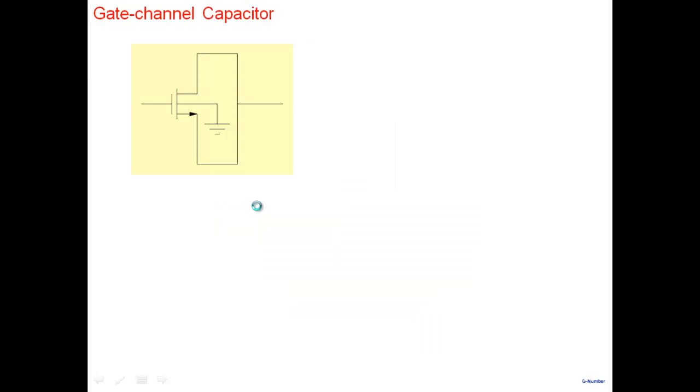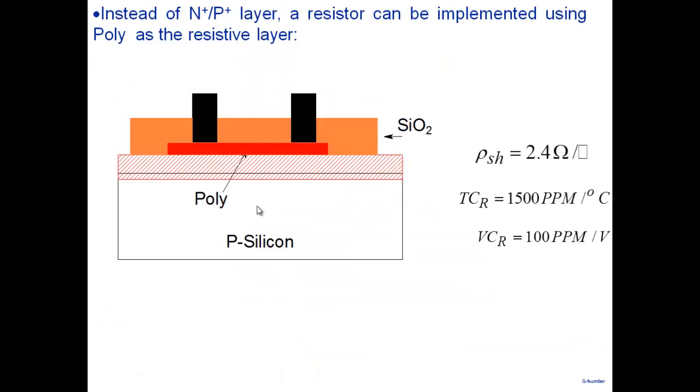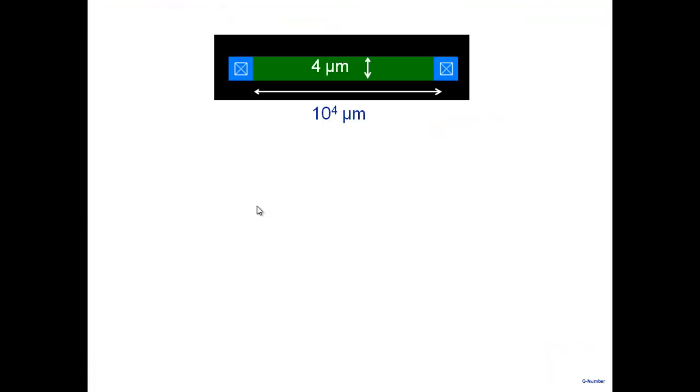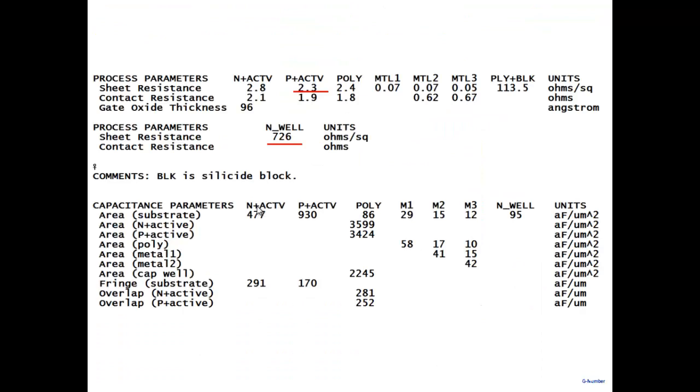And what is the value of the capacitor? Well, I've given you some values earlier. If we go back, note that this picture here for 0.5 micron, they're telling you what kind of capacitances we get. So it says if you're using a P plus layer, between the P plus layer and the substrate, the capacitance value is 930 AF. AF is what?